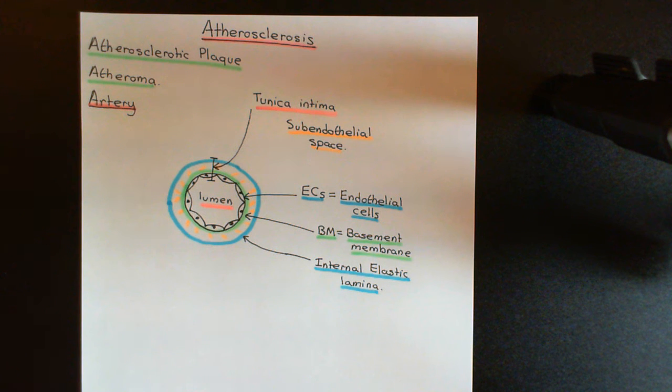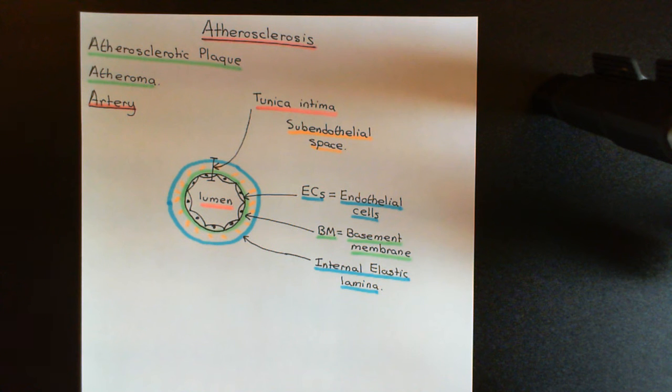Whereas if we're talking about a muscular artery, for instance the carotid arteries, which are very muscular, the tunica media consists of a lot of smooth muscle cells and much less elastic tissue. So the next layer consists of smooth muscle cells and elastic tissue, known as tunica media, and the balance varies depending on which artery of the body you're talking about.